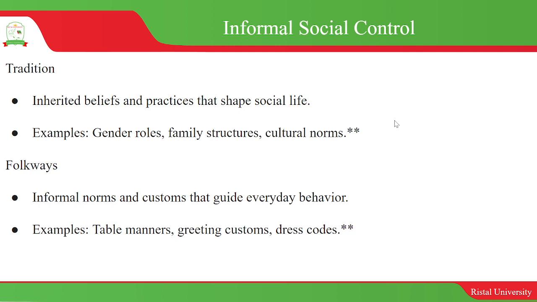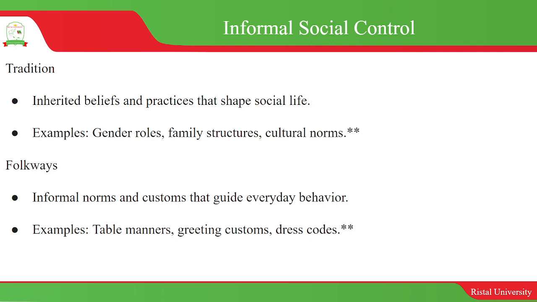Then when we talk about traditions, we are basically referring to inherited beliefs and practices that shape social lives. For example, gender roles. We have things that women do, and things that men do. These roles are ascribed by our family socialization processes.